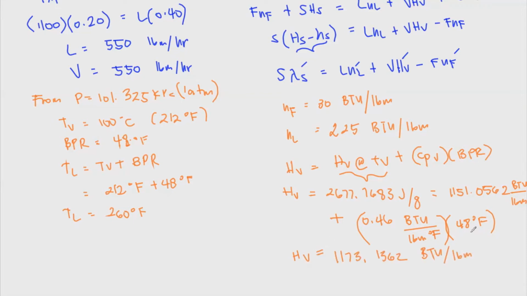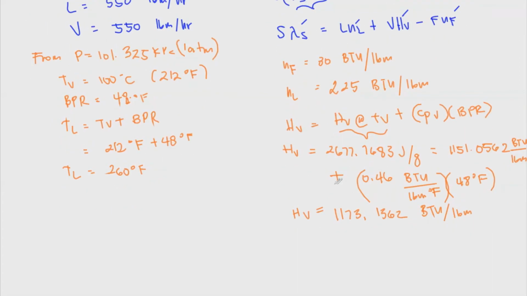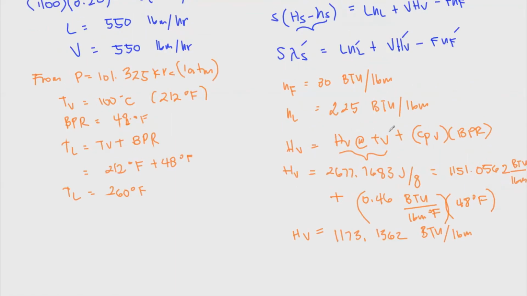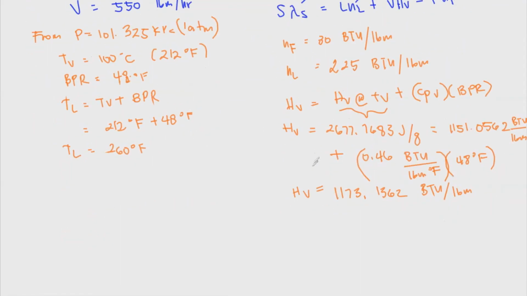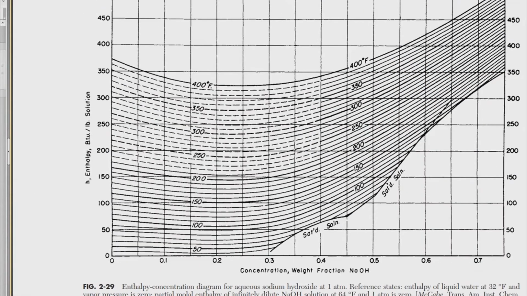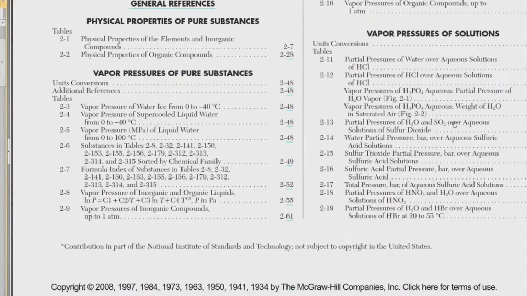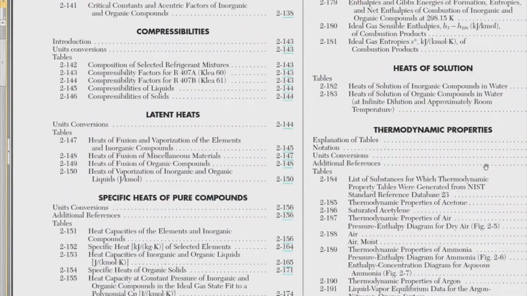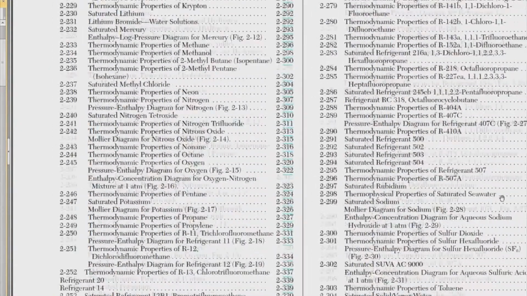Okay, so you might get confused with what happened here, and the easiest solution that you can do is just take the final temperature, which is 260 degrees Fahrenheit, and then try to find HV from that. You should be getting the same answer. So let's try to do that here. So we have chapter 2, and then thermodynamic properties of water.